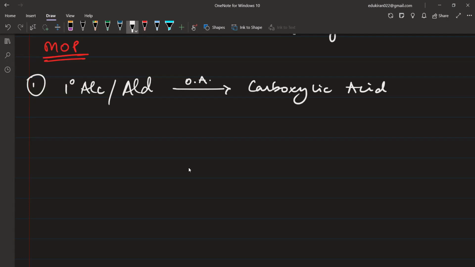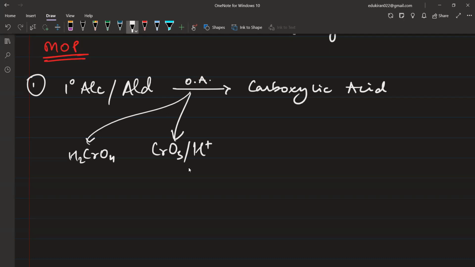Now, what are the oxidizing agents that we can use? We can use multiple oxidizing agents. We can use H2CrO4, which is the same as if you use CrO3 in the presence of acid. If you are using only CrO3, then there is no problem. If you have acid, then it will get converted to H2CrO4. And then you can also use K2Cr2O7.